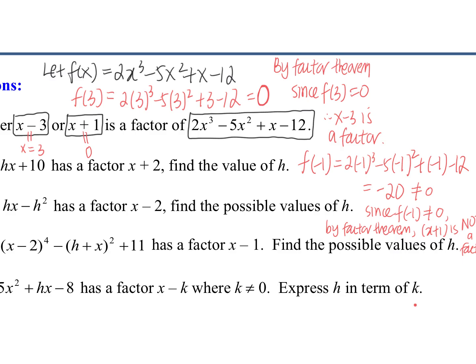Okay, I move to 3. 3 is the same example as 2. Let this be f of x first. Define it always. And then they tell you it is a factor, so you straight away can use factor theorem. So by factor theorem, okay, you know that if you let x be 2, it will give you remainder 0.